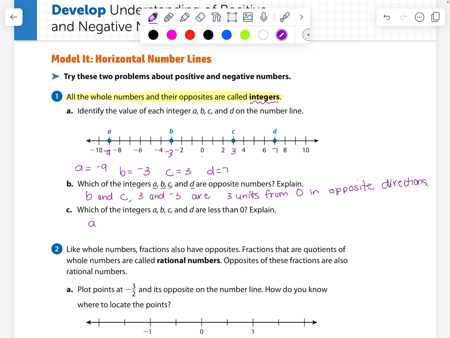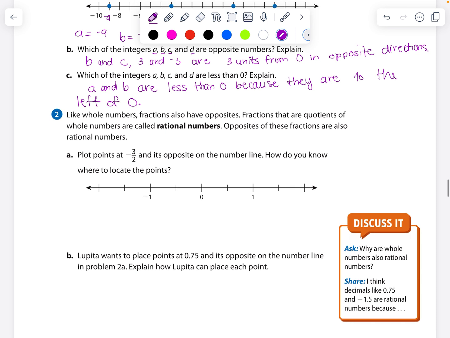So we would say A and B are less than 0 because they are to the left of 0. If you need a pause to catch up with the writing, go ahead and do so. I'm going to move on to number 2.